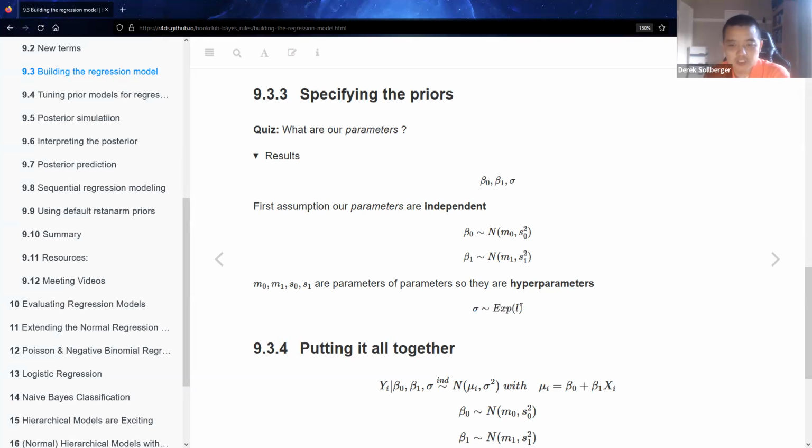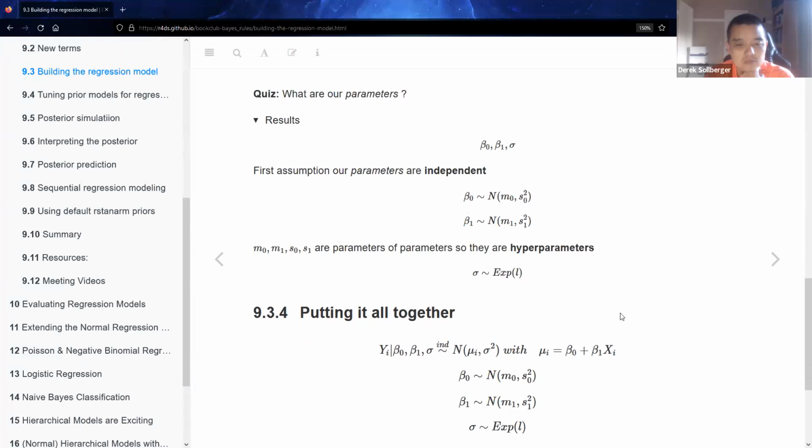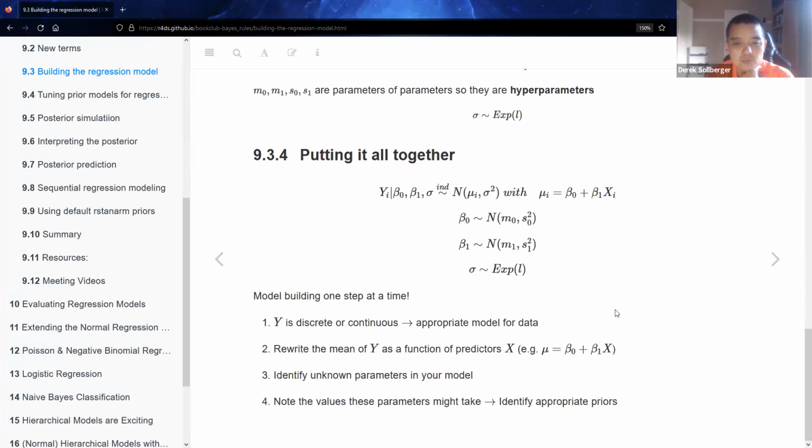So folks such as the authors recommend an exponential distribution instead to reflect that non-negative quantity. So right now, we have our likelihood coming from these three parameters. In particular, beta naught and beta 1 are normally distributed, and the standard deviation has the exponential distribution.